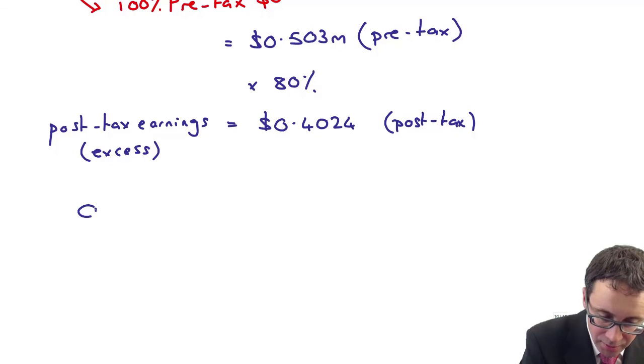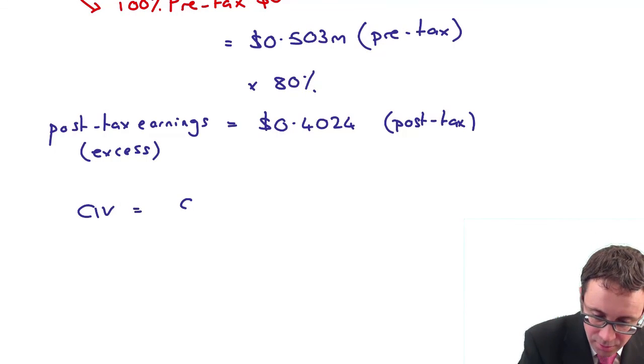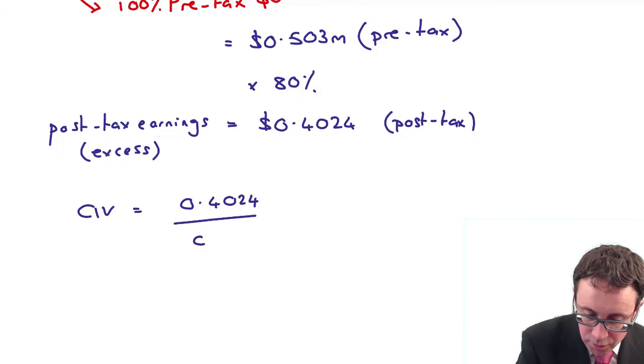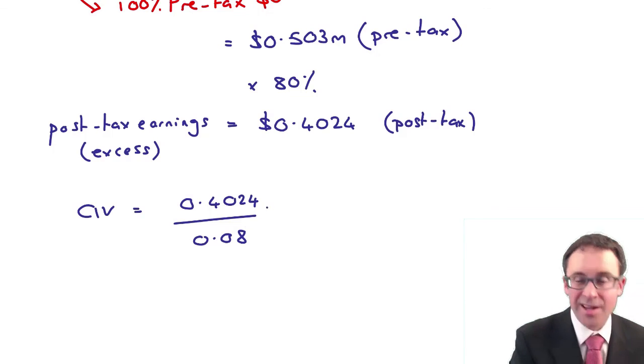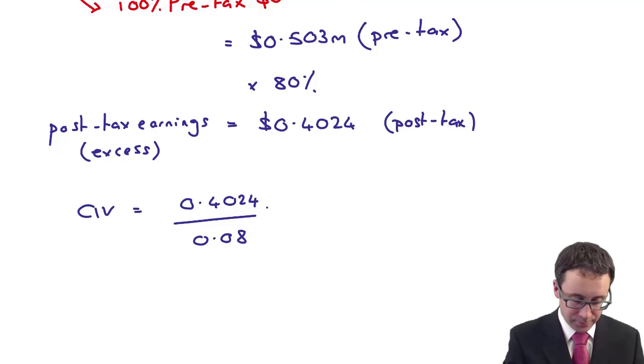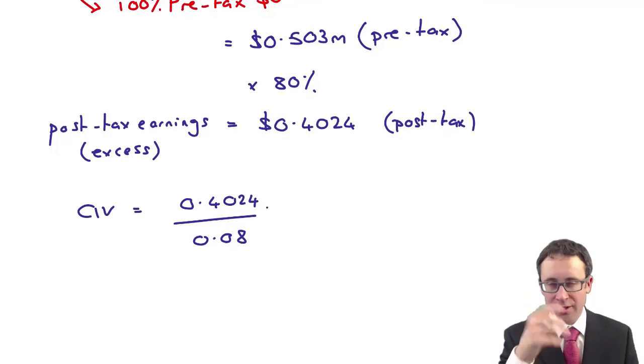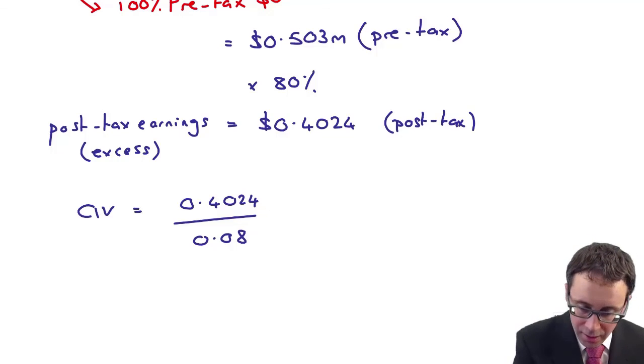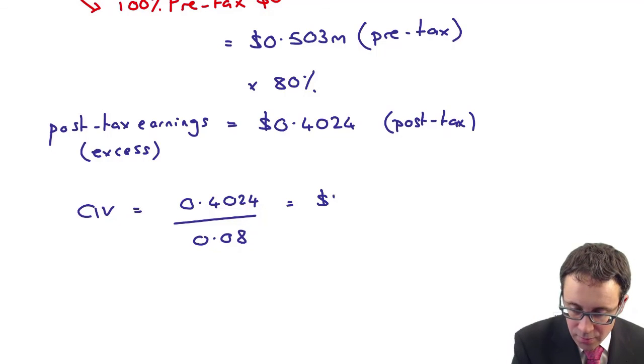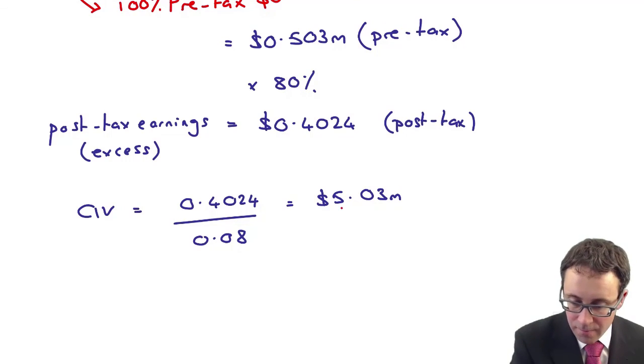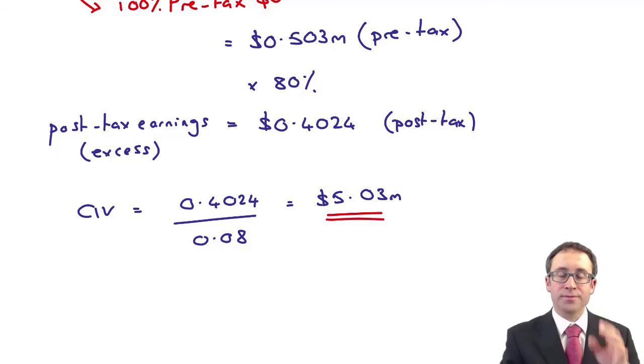To work out the calculated intangible value, you do the 0.4024. We assume that it is an infinity perpetuity, again from 1 to infinity without any growth, and that gives you, is it $5.03 million.